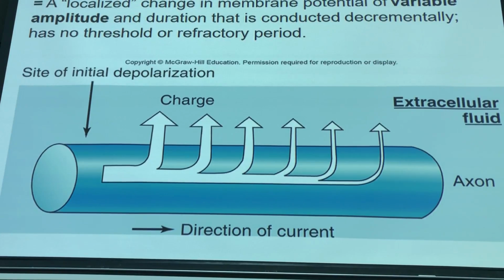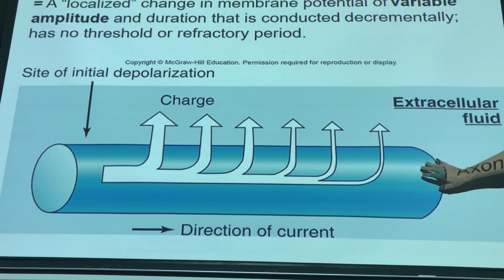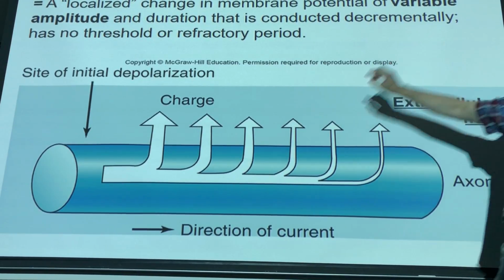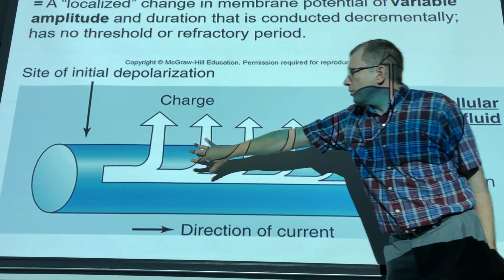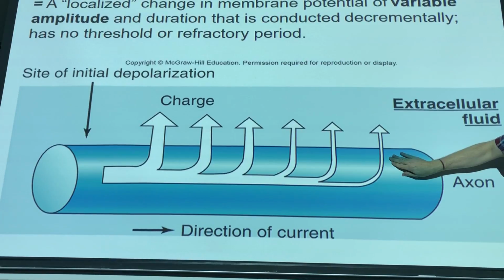And when we talk about action potentials, you'll be able to compare and contrast the two, and this will make a little more sense, okay? But the deal with graded potentials, if this is your nerve axon, is that they're conducted decrementally. So the further you go, the smaller they get, okay?